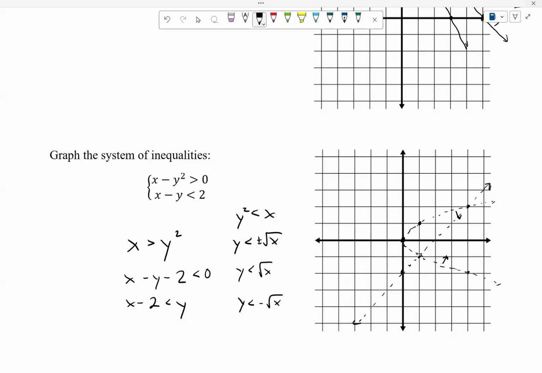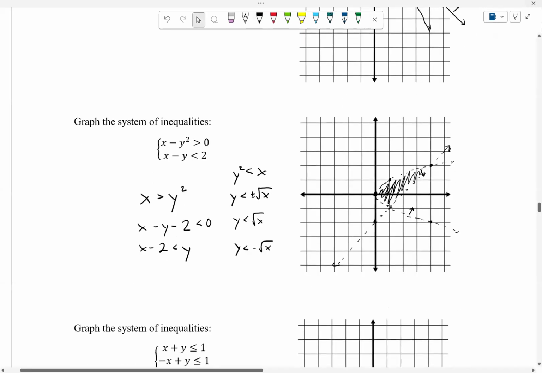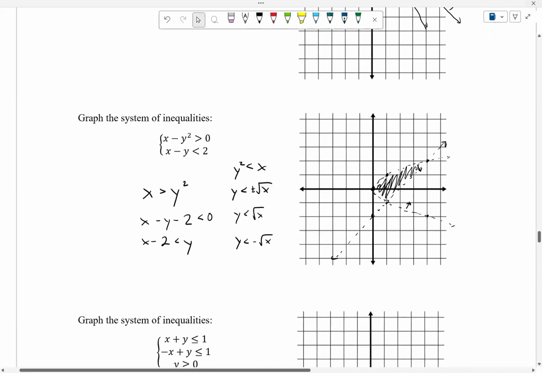A little piece in there. Ronan, thank you for your help. Any questions? What's that region called? The bounded region. It's not called a half plane, that's for sure. You could say the region bounded by the two inequalities.